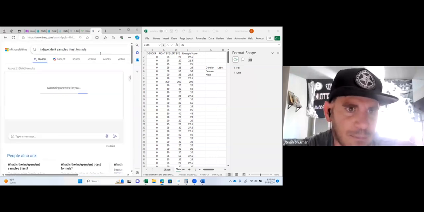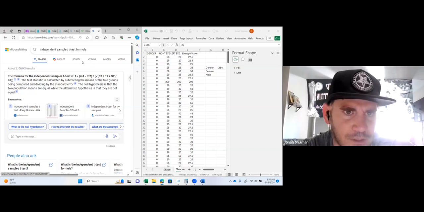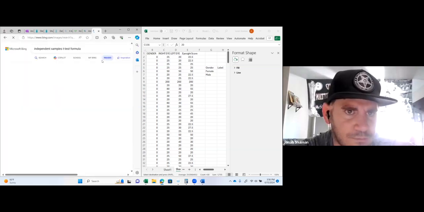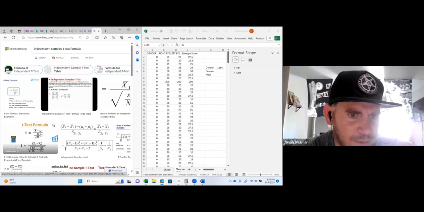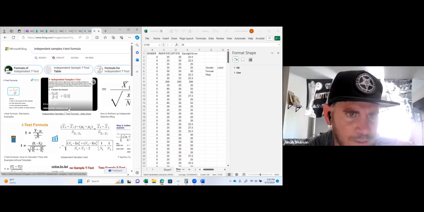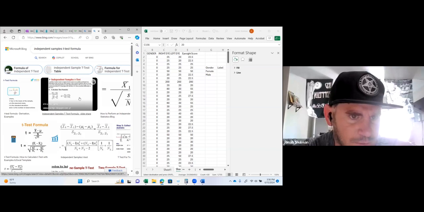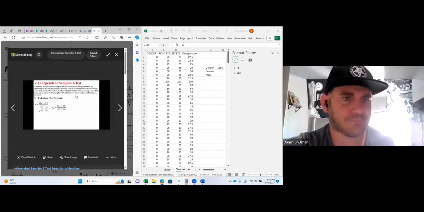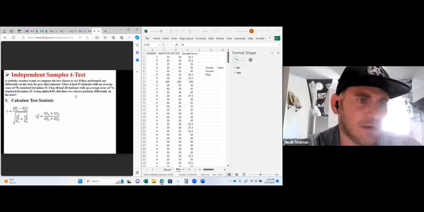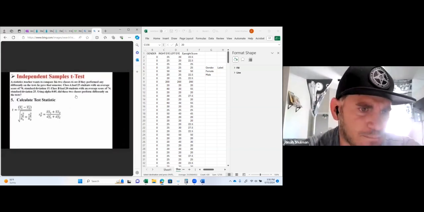Let's make the formula happen. Cool. Here we go. Here's the t-test formula for the independent samples t-test. Mean one minus mean two, pooled variance, and there's where the pooled variance comes from, sum of squares, degrees of freedom. Cool. So this is how we're gonna get the test statistic for this.